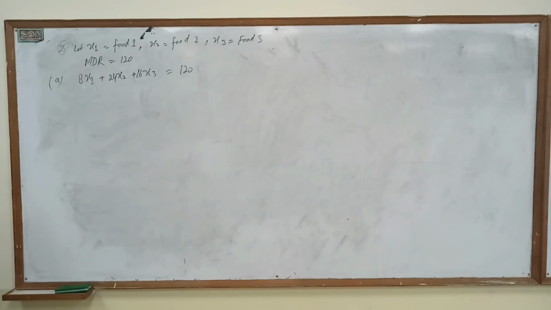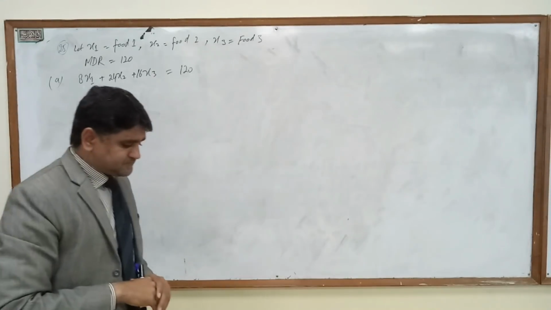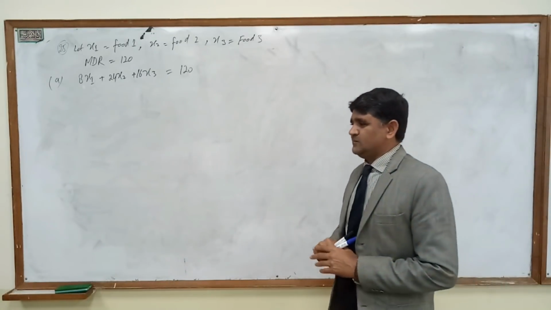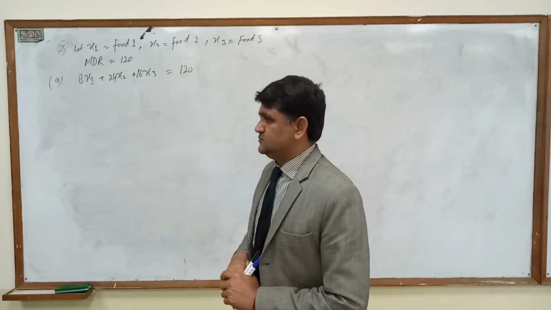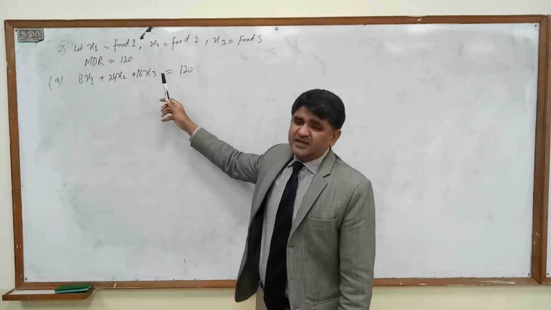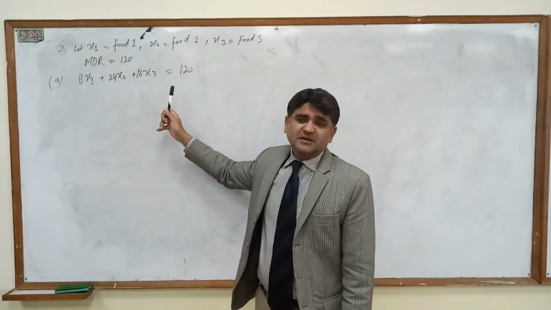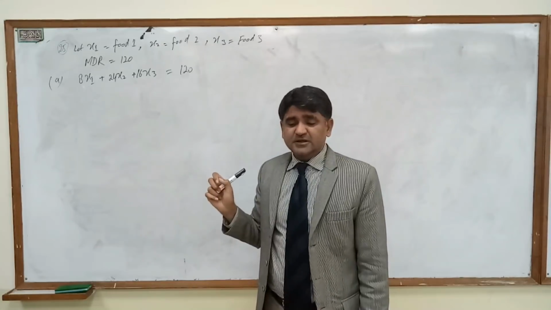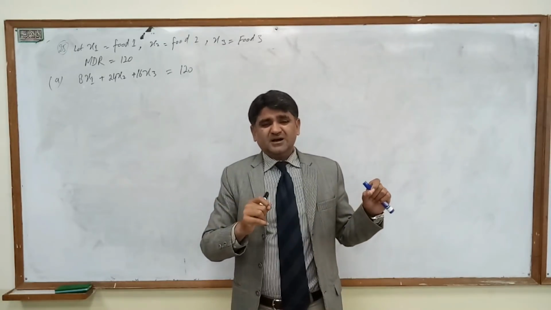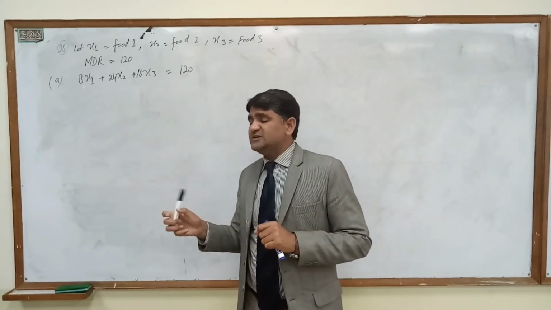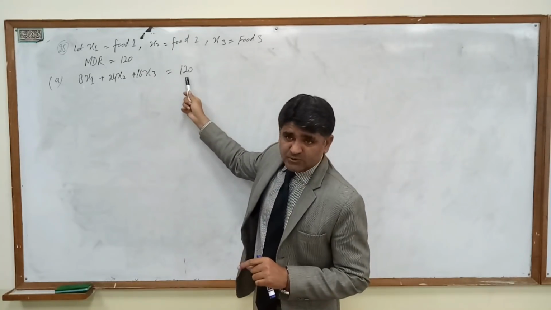So what is part B? If only one of the 3 food types is to be included in the meal, how much would have to be served in each of the 3 possible cases to satisfy the MDR? So there are 3 types of food, and here they are putting a condition. If she includes only one type of food in a meal, how many ounces of each food are needed to meet the minimum daily requirement?